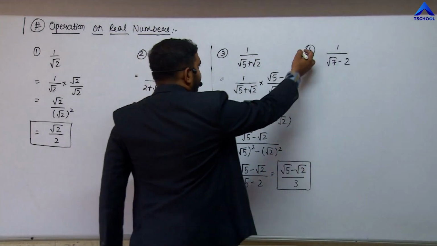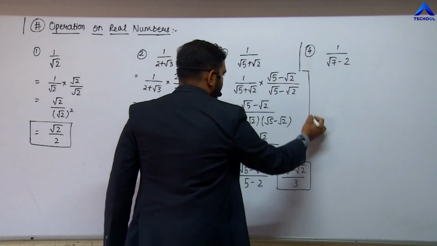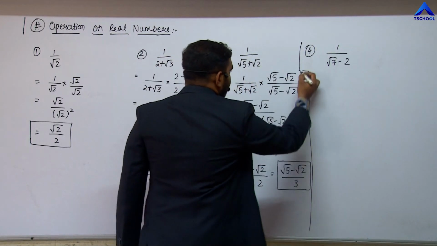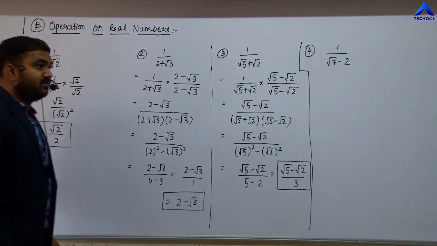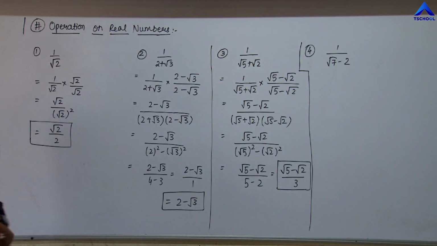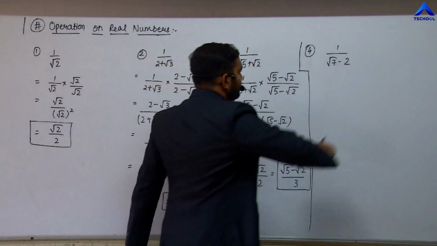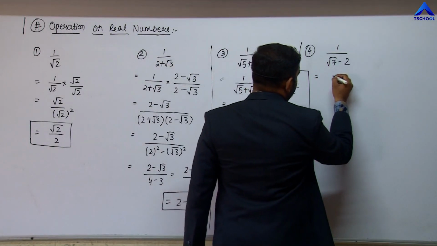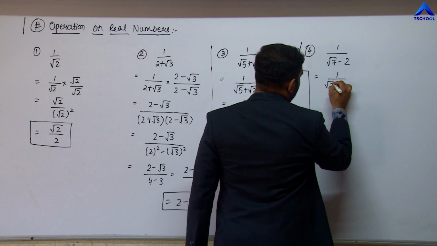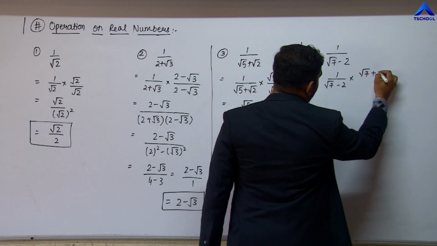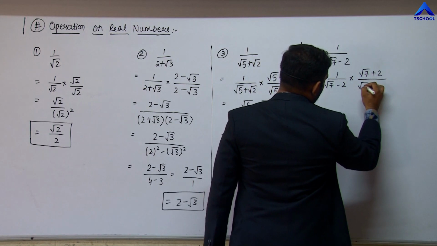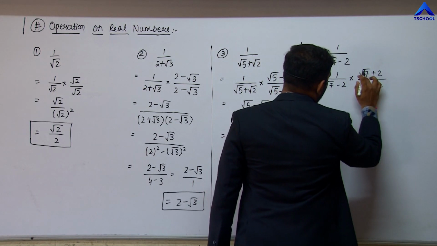Now coming to the fourth one, here what I am having is 1 upon root 7 minus 2, right? 1 upon root 7 minus 2. So that gives me 1 upon root 7 minus 2 multiplied by root 7 plus 2 upon root 7 plus 2, right?